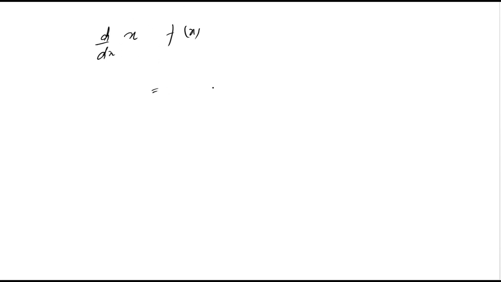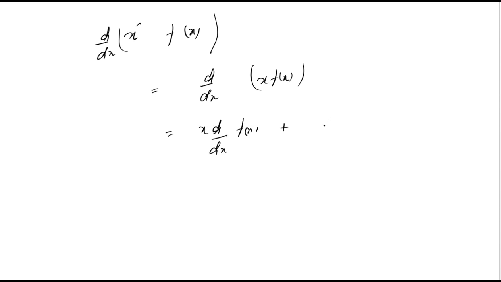So we get x f of x, and now we differentiate this by the product rule: x times d by dx of f of x, plus f of x times d by dx of x. So we get x times the first derivative of the function, plus the function itself.